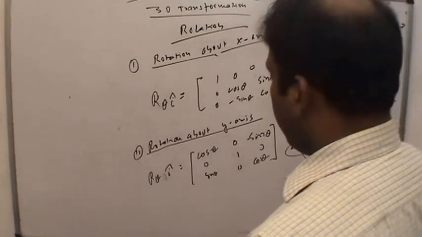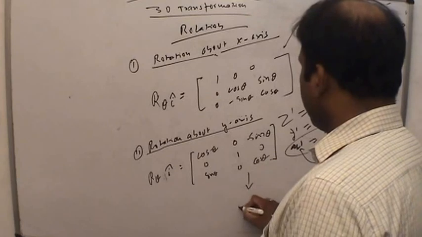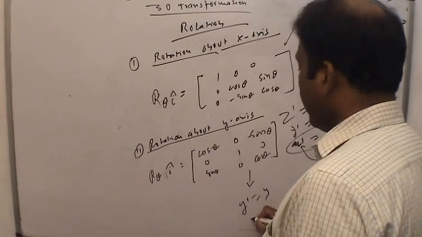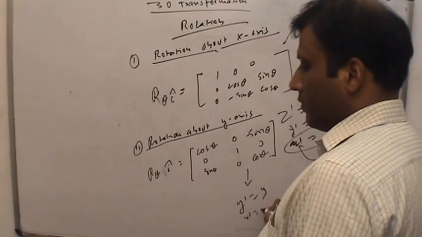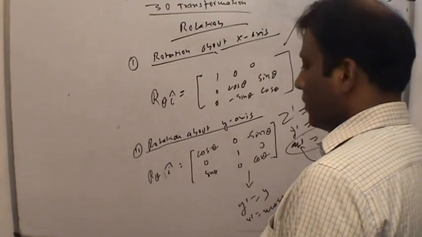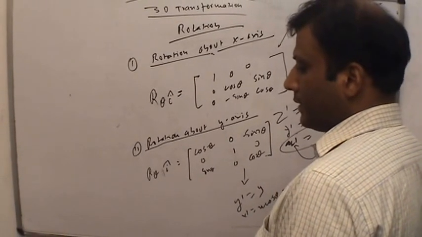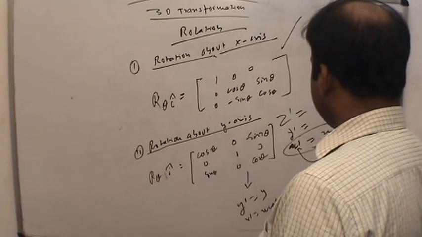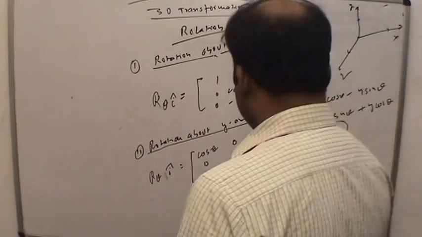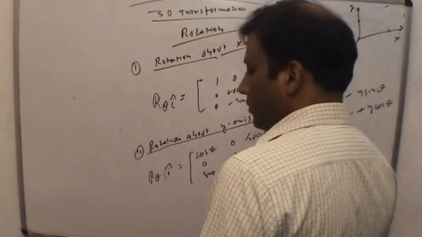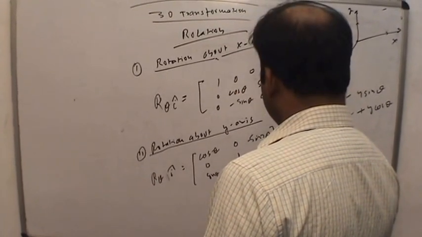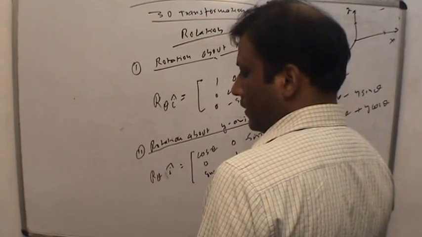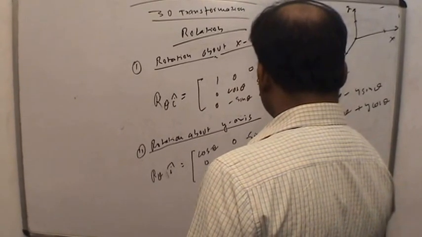Now what are the transformation equations of this? y dash equal to y, x dash equal to x cos theta minus z sin theta, and z dash equal to x sin theta plus z cos theta.